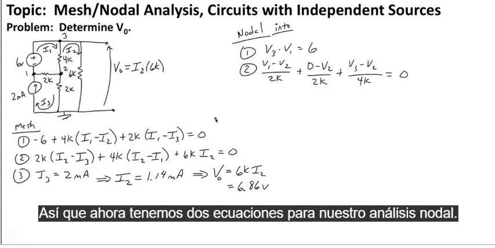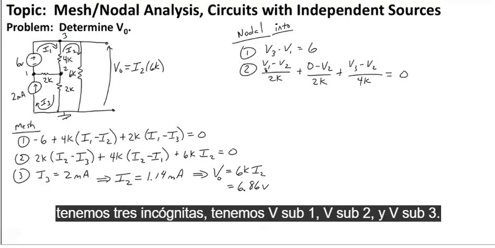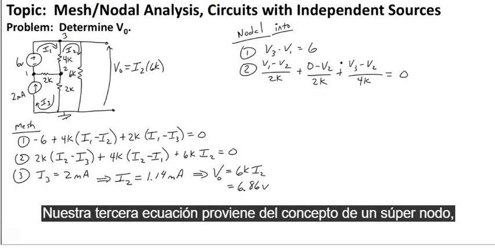So now we have two equations for our nodal analysis. We need a third equation which is independent of our first two, because we have three unknowns: V sub 1, V sub 2, and V sub 3.